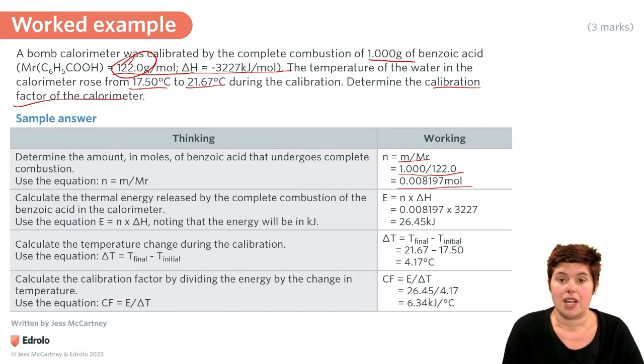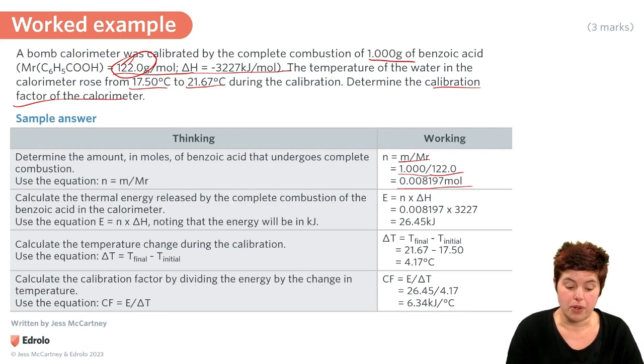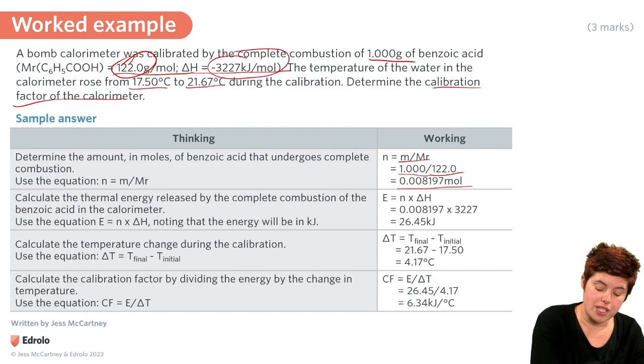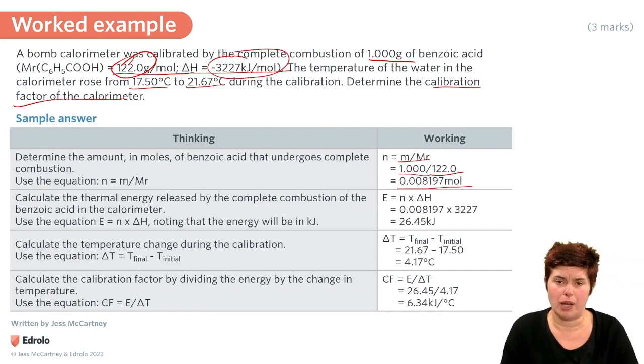The second step is to calculate the energy, and this is using the mole that we just calculated in step 1 and timesing it by the enthalpy that was given to us in the question. Now, we don't need to worry about the negative sign here because that's just indicating it's an exothermic reaction. We just need the actual energy.